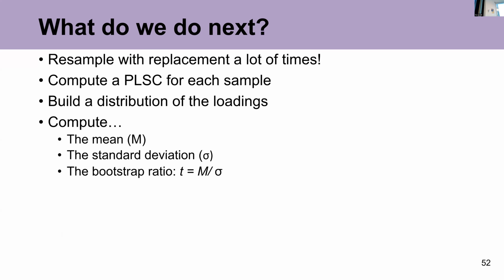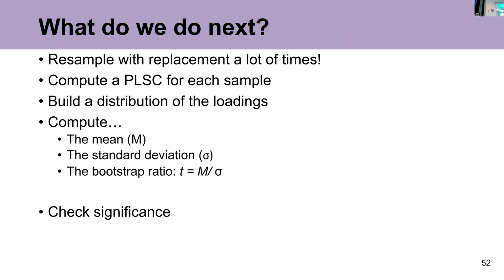So we divide the mean by the standard deviation. And this is similar to computing a z value or a t value. And that tells us how significant the value is. Usually the loadings, right? How significant a loading is different from 0.